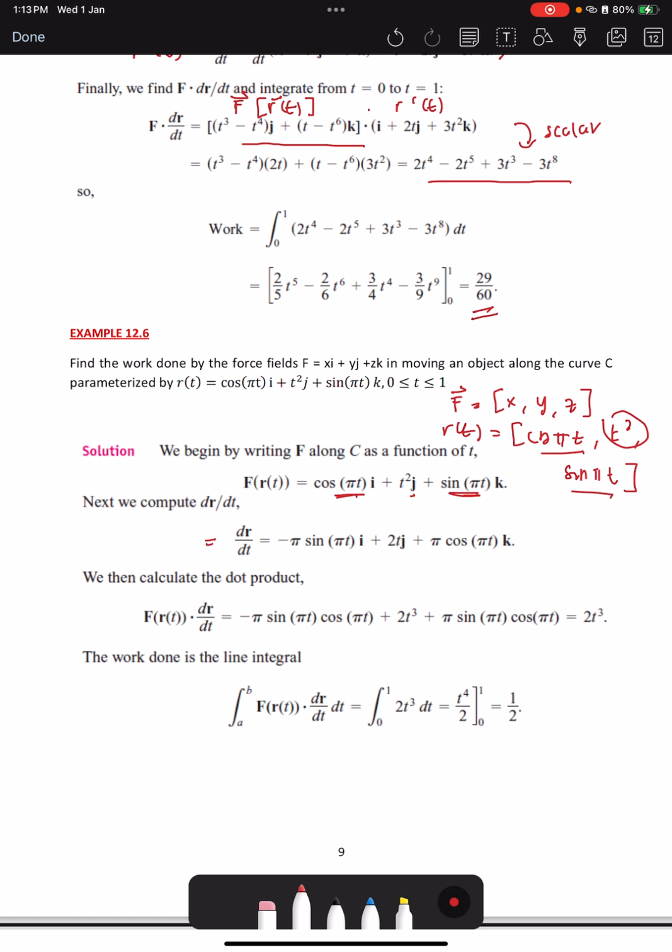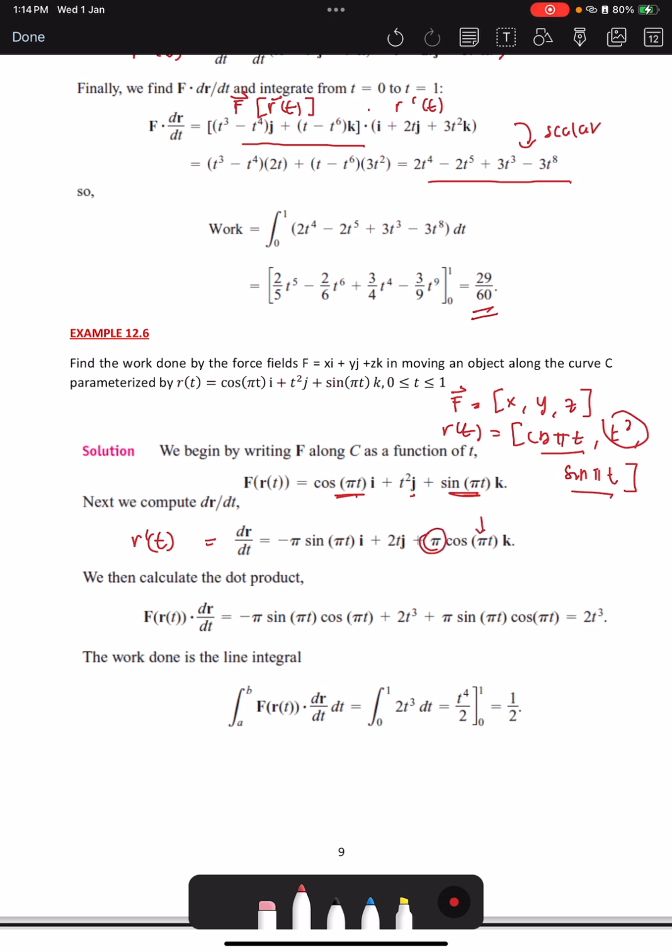And then we differentiate r(t) to get r prime of t. Of course, you will get sine, and then differentiate the pi t, you get negative pi here. And then t to the power of 2, you get 2t j, and then here you will get positive cos pi t, and then you differentiate the inside part here.